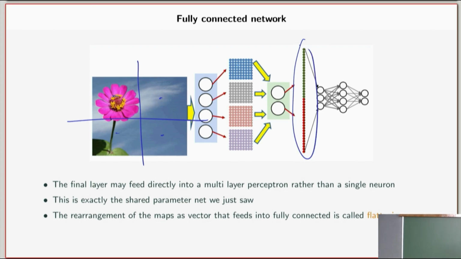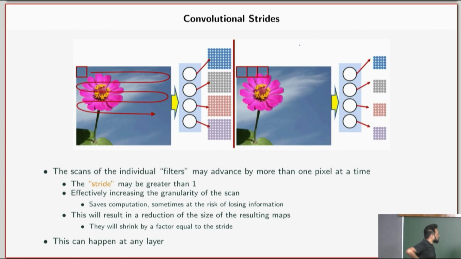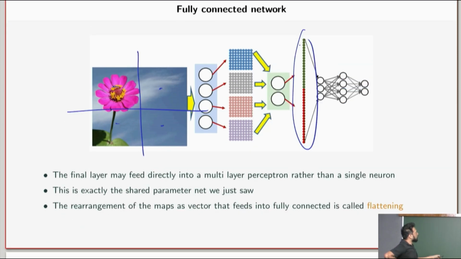These features were extracted by the final layer neurons, and finally it's a classification problem: do the features we found combine together to give me a flower or not? That's the idea of a fully connected network.